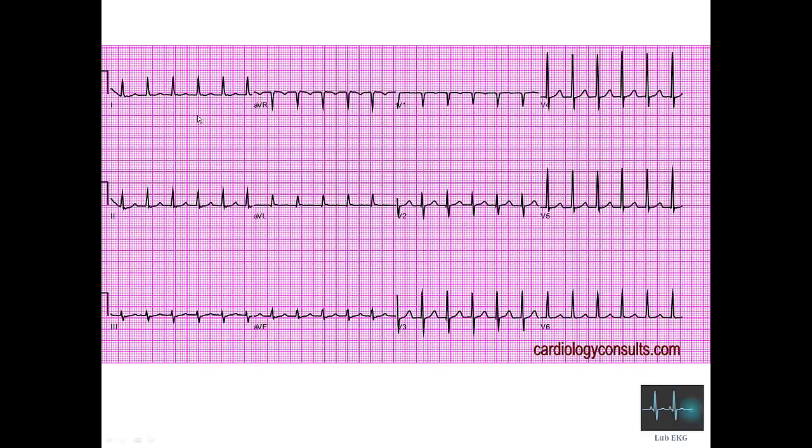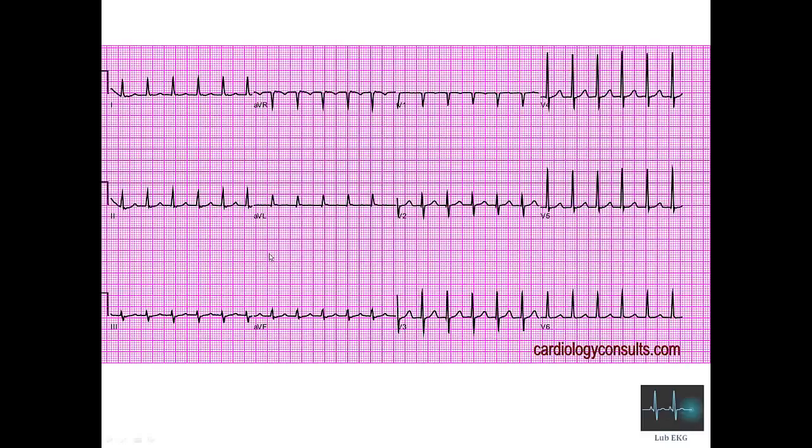Here you don't have P waves. Why is this a tachycardia? Well, we can count again. Let's just find a suitable RR interval. Take this one, 300, 150. So you have a tachycardia, 150 beats per minute, no P waves.